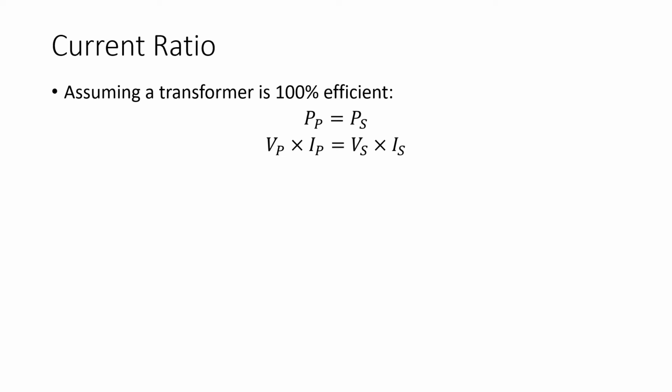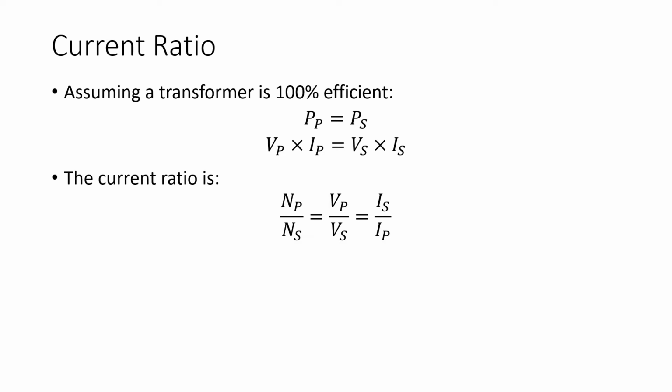Now, if we assume that the transformer is 100% efficient, we can state that the power delivered to the primary is equal to the power that can be delivered by the secondary. And with P equaling V times I, we can state this as VP times IP equals VS times IS.